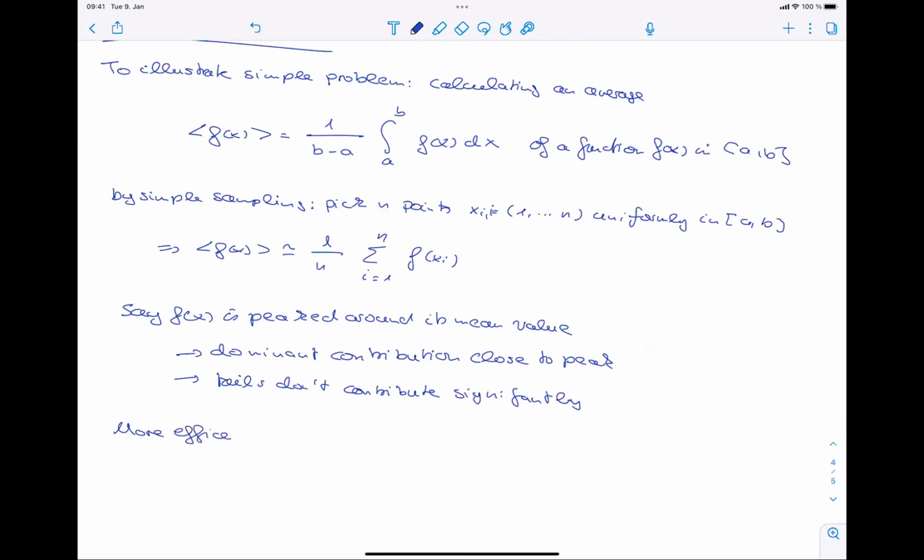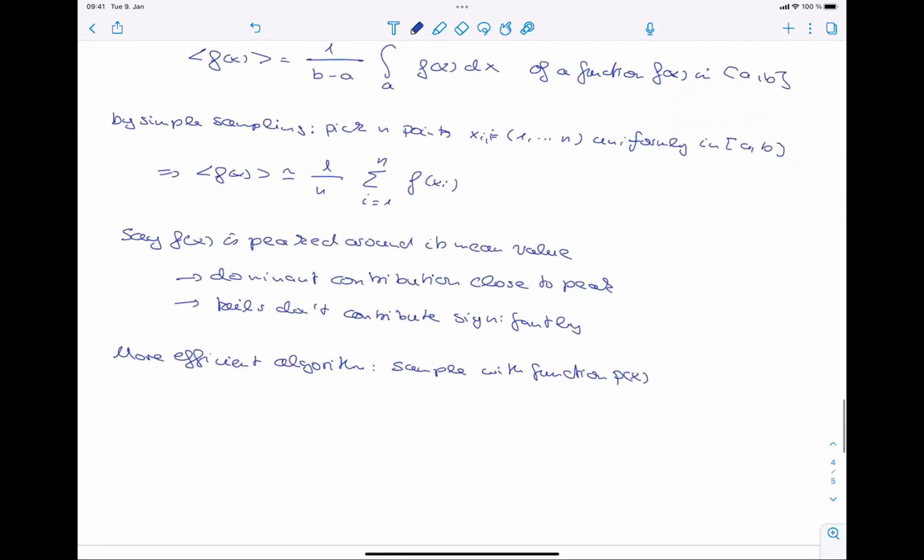And so a more efficient strategy would be to sample the function with a certain probability, which is taking in prior knowledge that we might have about the function. So sample with a certain probability p of x.